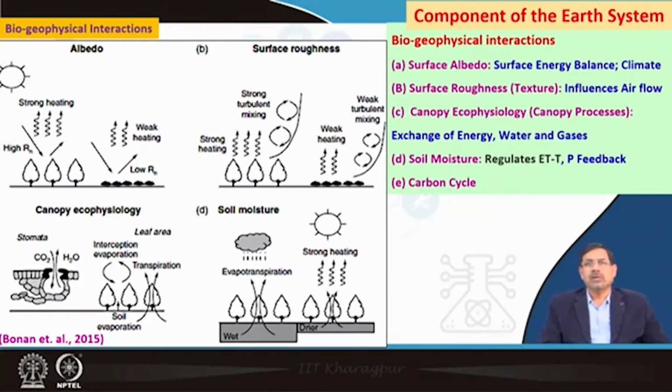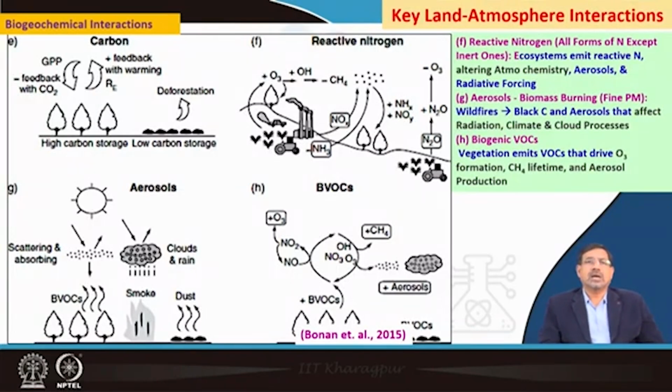Let's move on to the fourth one, that is the soil moisture. Soil moisture regulates the evapotranspiration, the temperature, the precipitation, and their feedback. And the next one is the carbon. I just mentioned the different amounts of carbon present in different spheres.